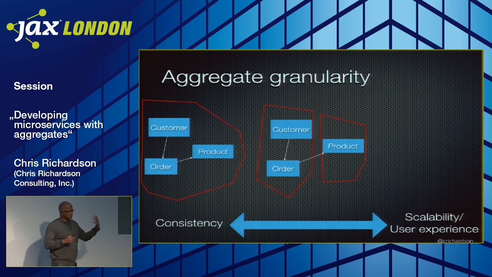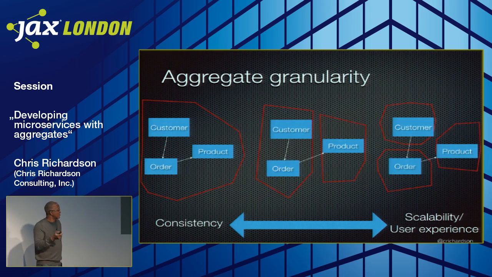That would work, except in scenarios where there were concurrent attempts to update different orders for the same customer. You'd get optimistic locking exceptions, which limit scalability, but it also could result in a poor user experience.